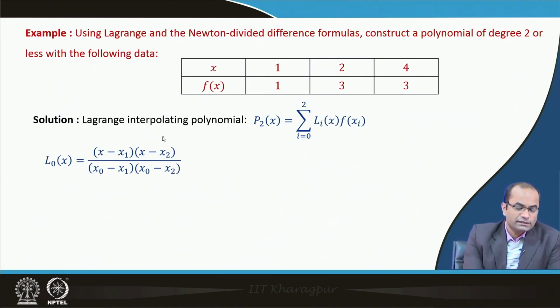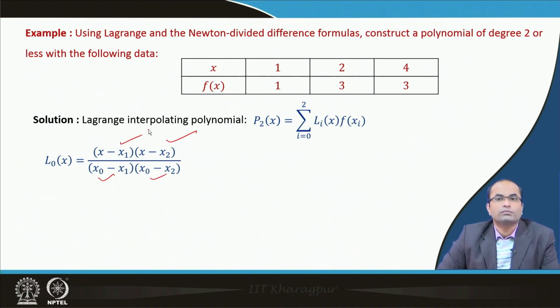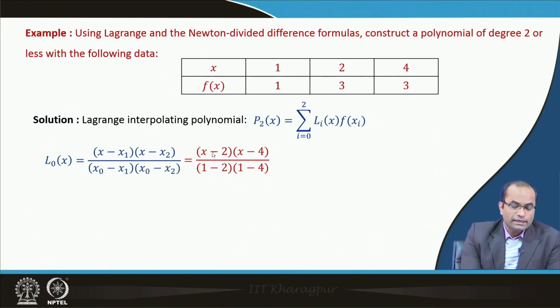So, we have x minus x 1, x minus x 2, x naught minus x 1 and x naught minus x 2. This is x naught, the first one, this is x 1 and this is x 2. So, x minus x 1, that is x minus 2, x minus x 2, that is x minus 4 there.